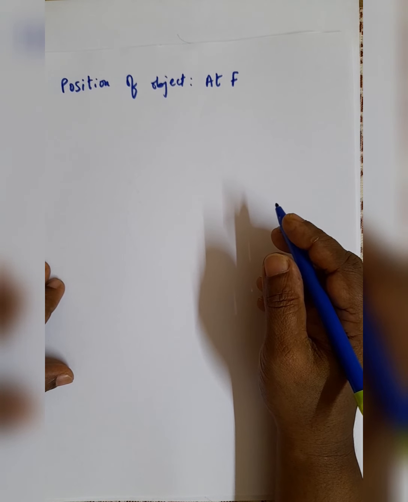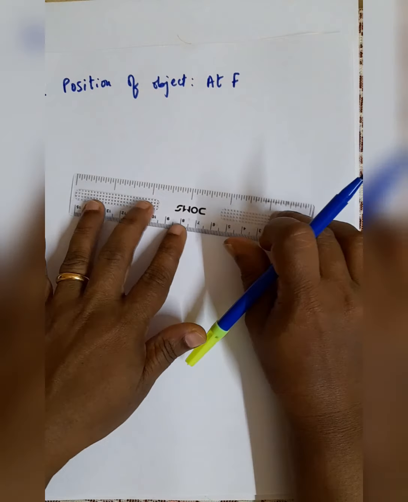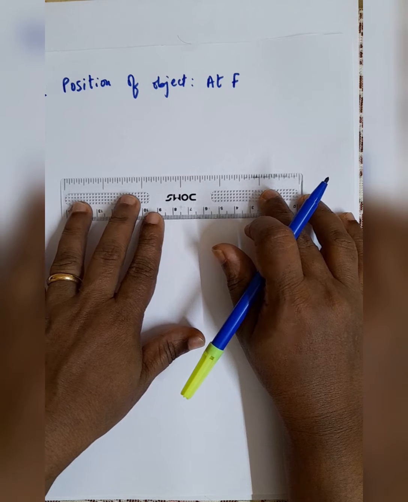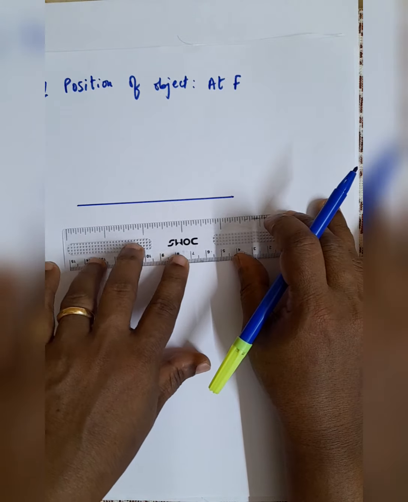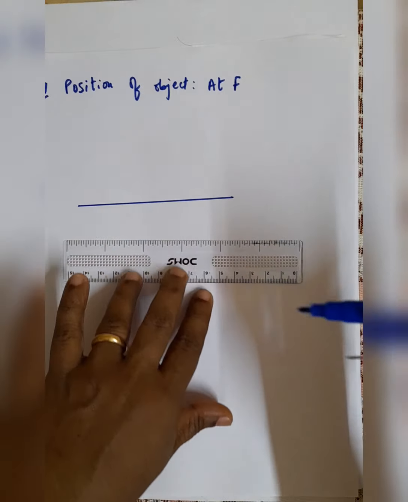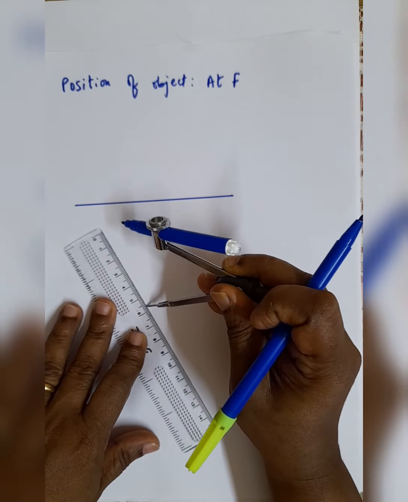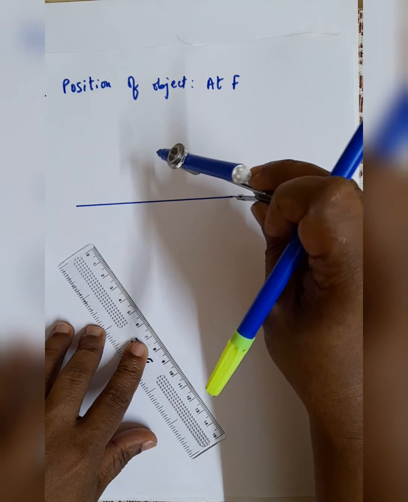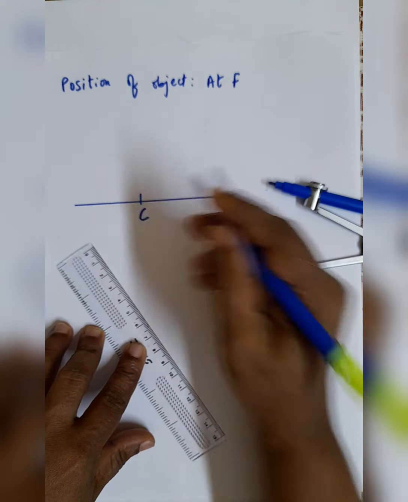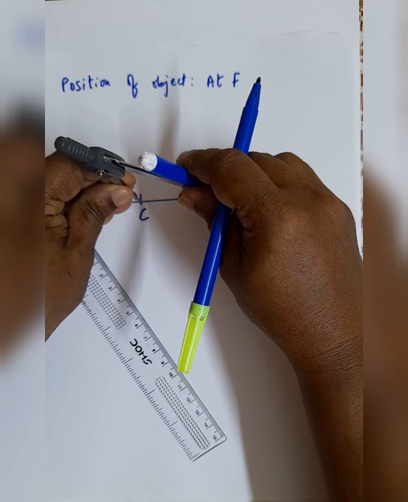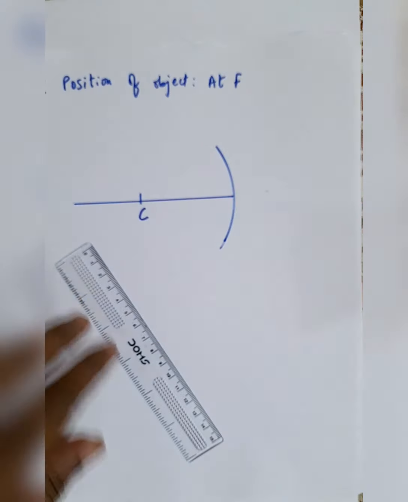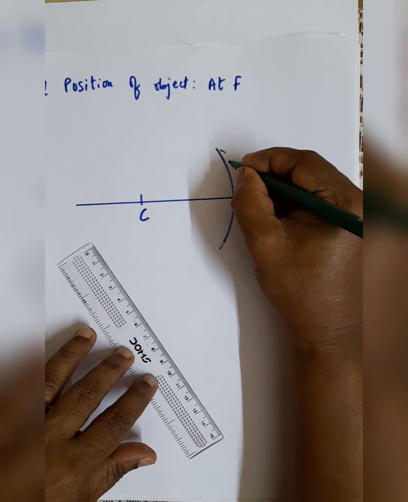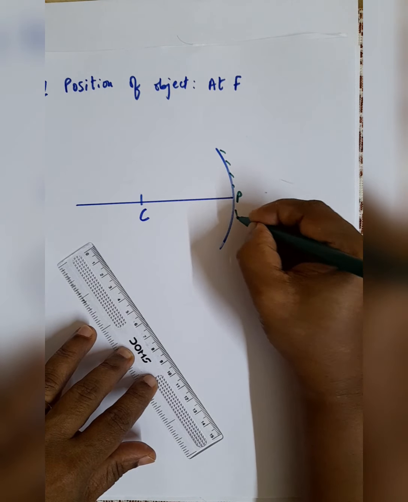The fifth one is the position of the object at F. So we begin by drawing the principal axis. Take the same measure, 6, not the C. The inner side is reflecting, concave mirror.